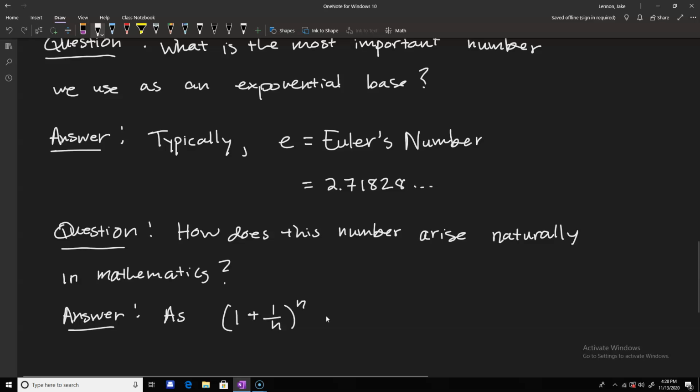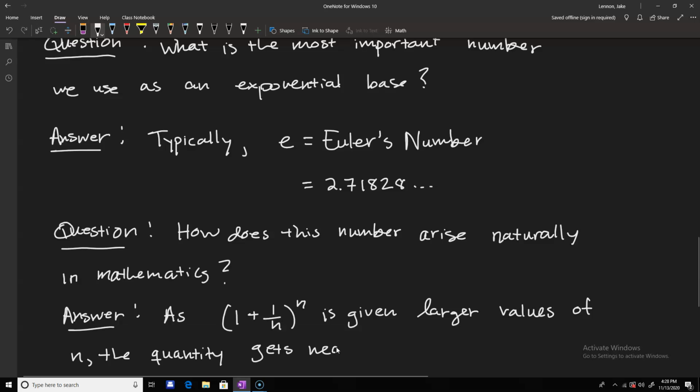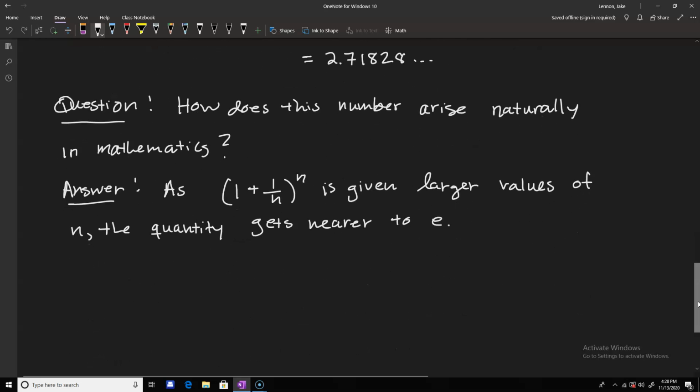So as n is given larger values, the quantity gets nearer to e. In the language of calculus, this is actually a limit.